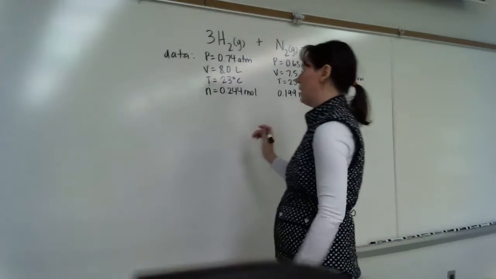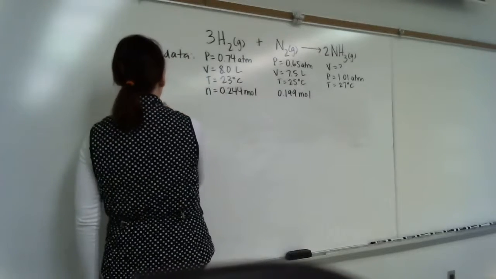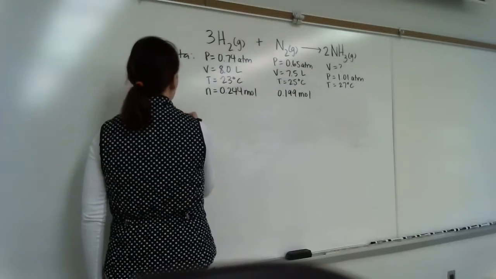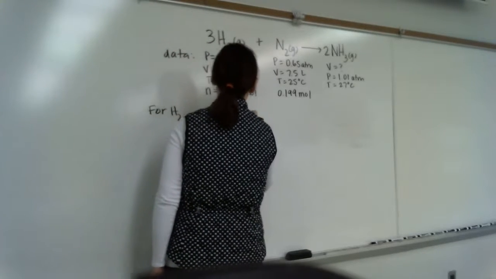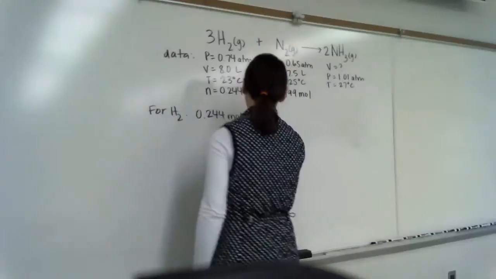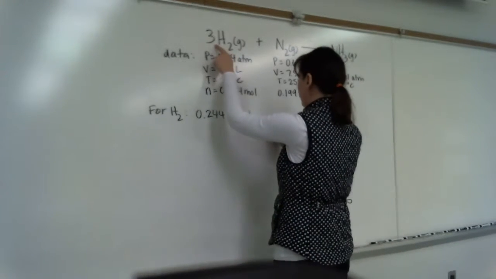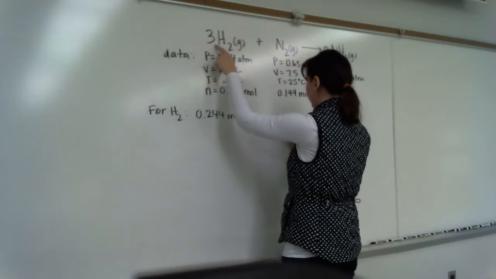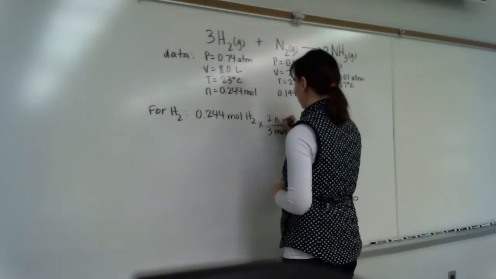But we just have to do it twice, because we have to figure out who's the limiting reagent. So for H2, 0.244 moles H2 times, for every 3 moles of H2 that I use, I produce 2 moles of ammonia.